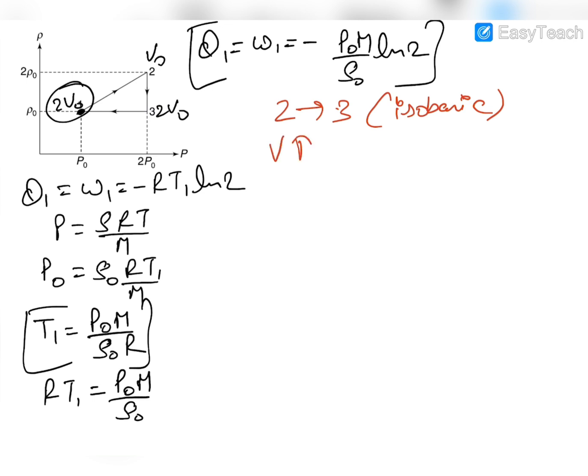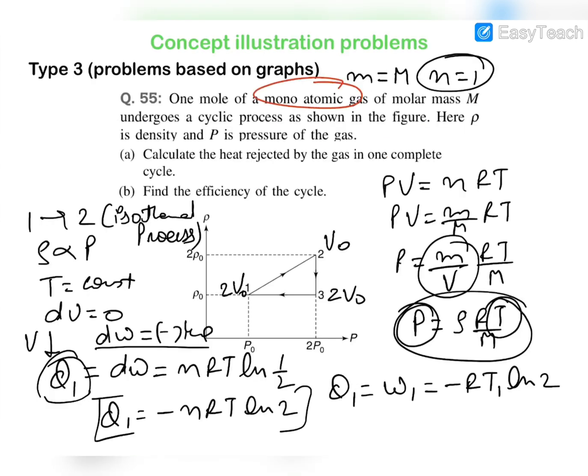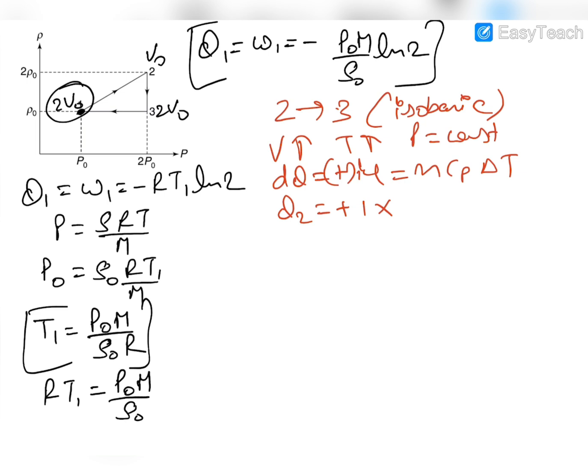V increases, T increases, and P remains constant, which means that dq will be positive, and therefore this would be the heat supplied to the gas, and it would be equal to n Cp delta T. So dq, let's suppose it is Q2. Q2 will be plus, n is 1. It is a monoatomic gas, so for monoatomic gas Cp will be 5 by 2 R, because Cp is 1 plus f by 2, and f for monoatomic gas is 3, so it is 5 by 2 R, and delta T is T3 minus T2.